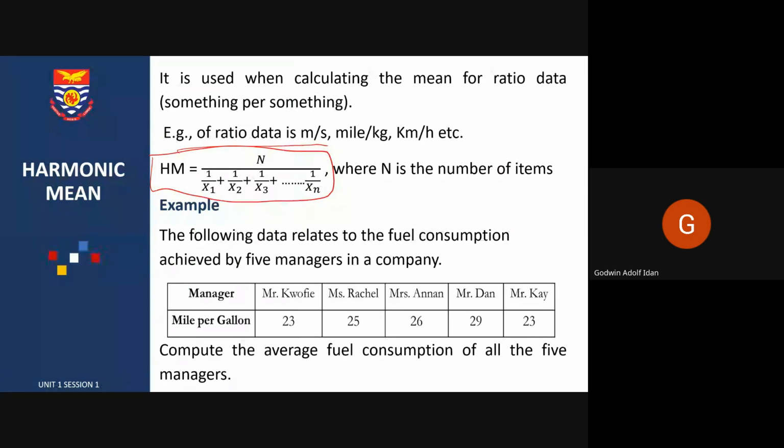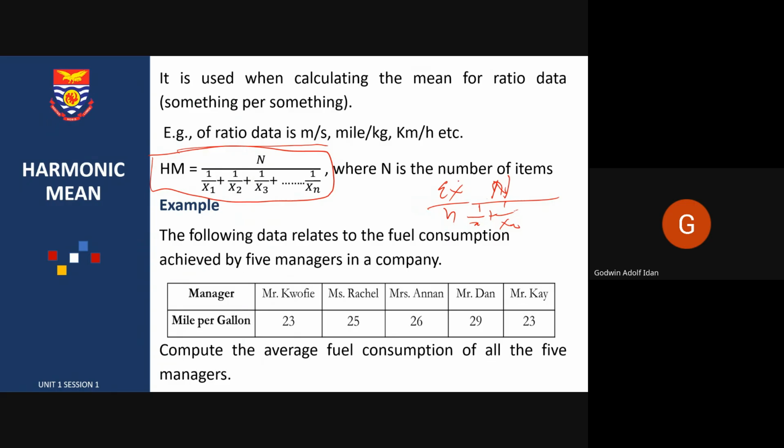And so the formula, instead of summing the x values and dividing by n, we are now going to bring the n on top. And then we're going to have n over the x values to find the reciprocal. So we do 1 over each x value plus 1 over x2 in that particular order.